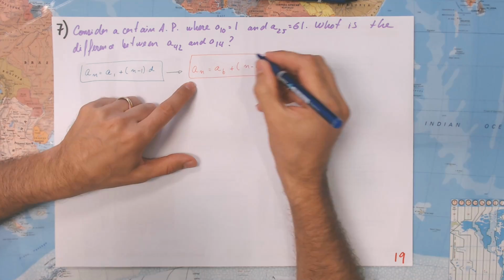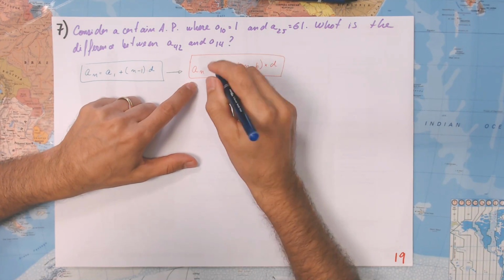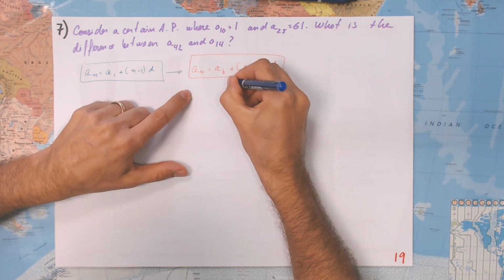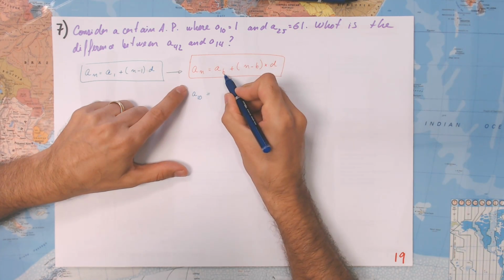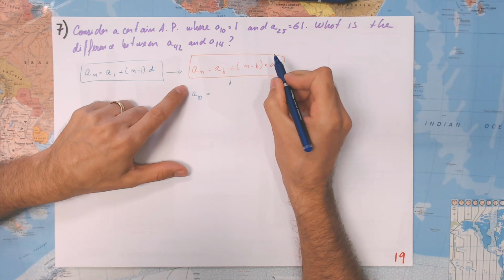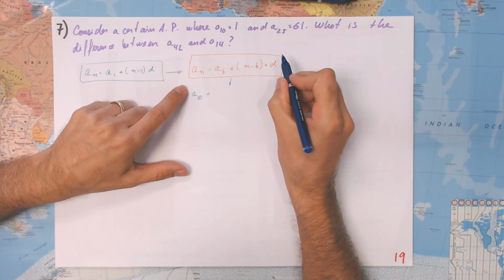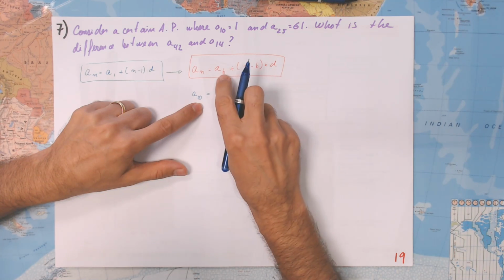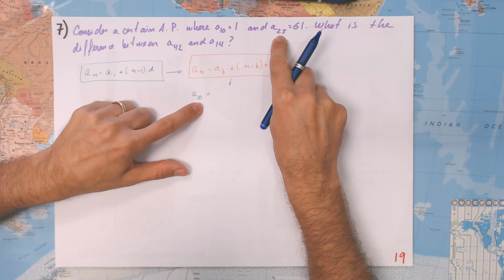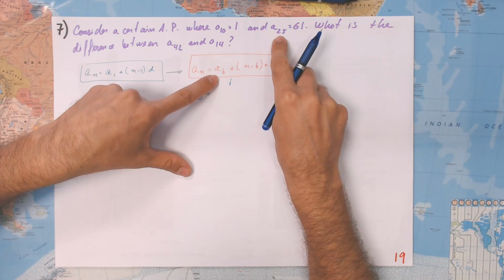Using this equation, n is going to be 25 and b is going to be 10.